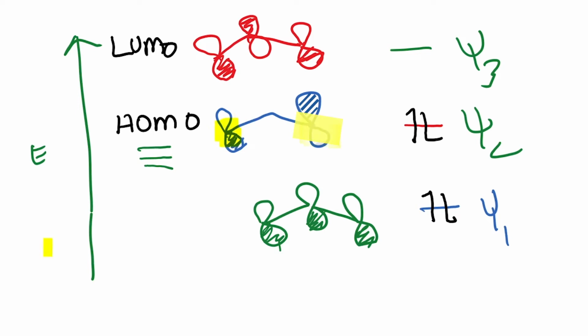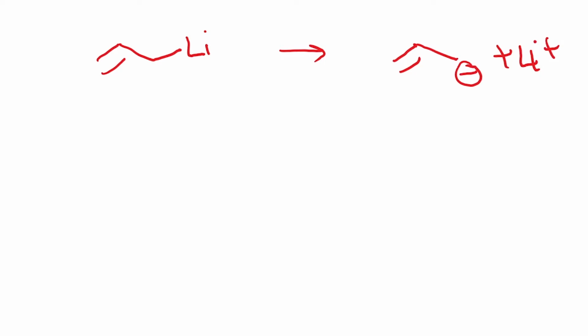Now, there is some experimental evidence that supports this claim. For example, allyl lithium is a commonly available reagent, and it is going to dissociate to give this anion and lithium plus. If you record a carbon 13 NMR spectrum, what we see is a very interesting picture.